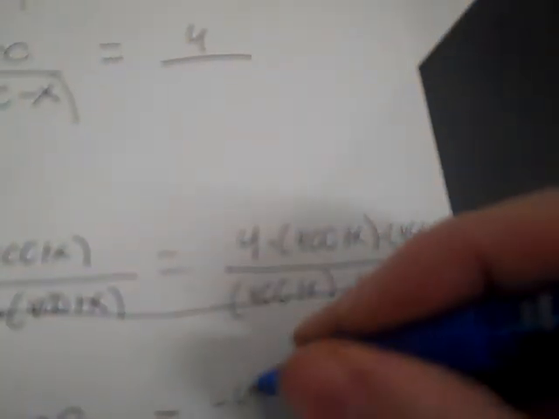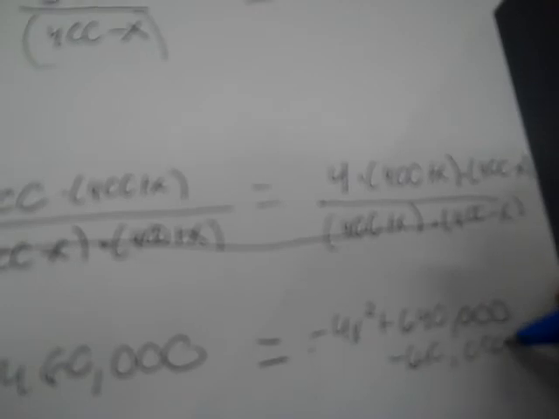4 times 400 plus x times 400 minus x. Negative 4x squared plus 640,000. Okay, so I'll be subtracting 640,000.